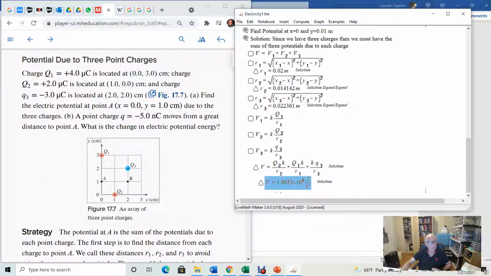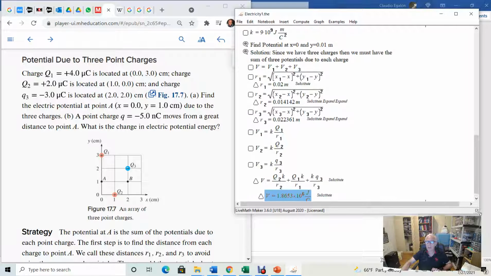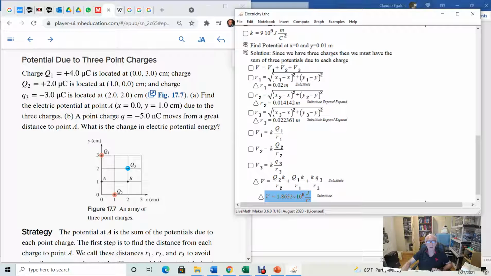What about item B? A point charge Q, minus 5 nanocoulombs, moves from a great distance to point A. What's the change in electric potential energy of the system? Don't forget that item. And the charge is minus 5 nanocoulombs. So here goes.